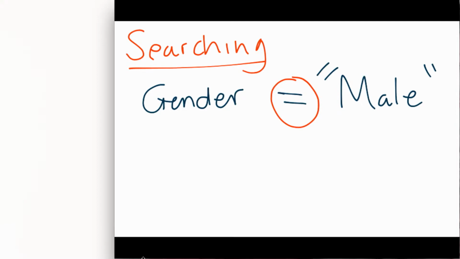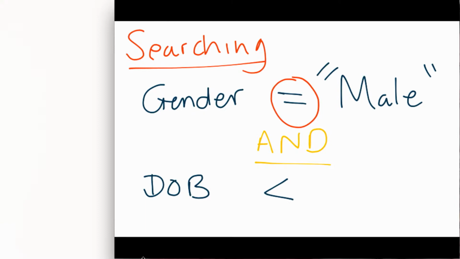In another example that I gave, I said I might want to search for all the genders that are equal to male, but I also might want all of the males that are born before a certain date. So it would be, for example, gender equals male, and, which is another operator we'll talk about in just a minute, and date of birth is less than 19th the 1st.